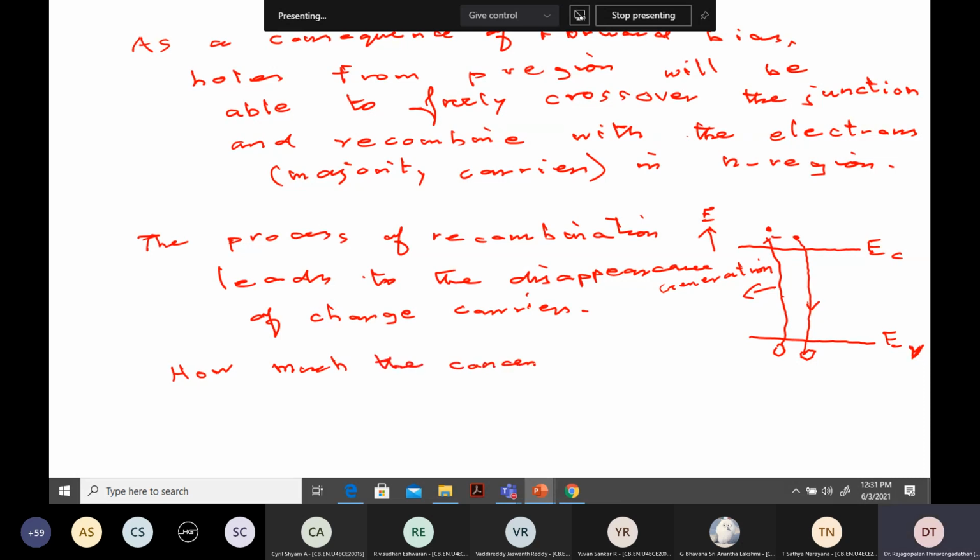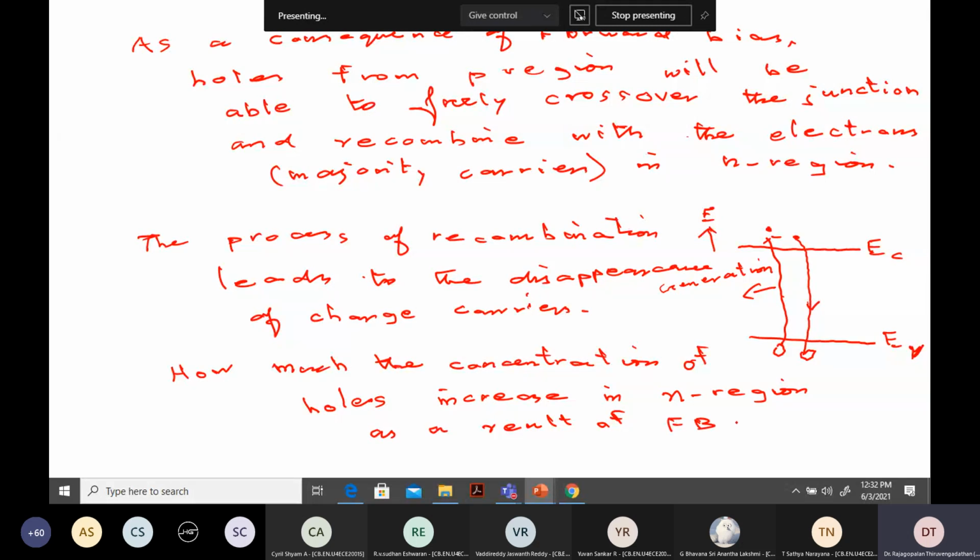These phenomena, diffusion, recombination, and hole generation, everything is happening simultaneously. So you have to understand how much the concentration of holes increases in the N region as a result of forward bias voltage. This is a question that we need to address.